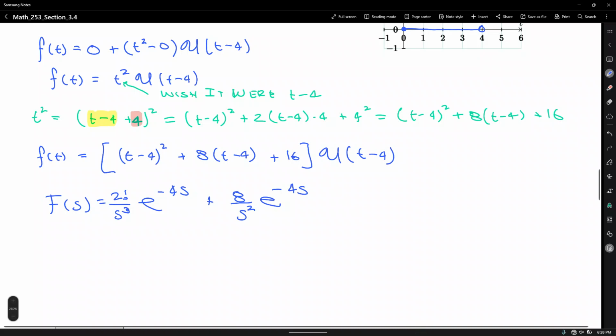And the Laplace transform of a number is just the number divided by s, e to the negative 4s. Final answer. Well, 2 factorial, that's just 2.